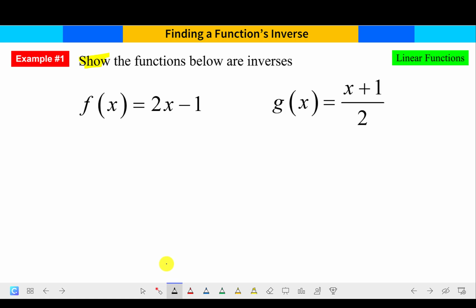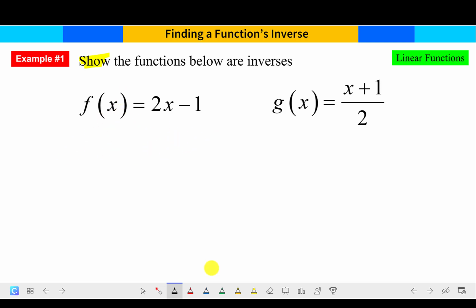One of them is to loosely show it. For example, let's put in some value of 3 into f, then take that output and put it into the g function, and I will get out 3. We could show that pretty easily.